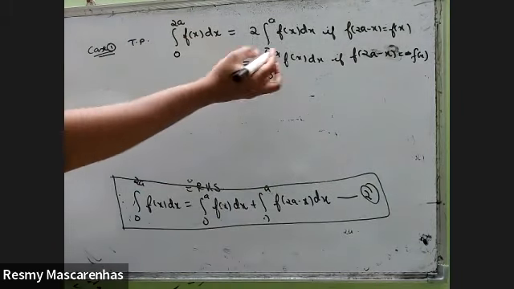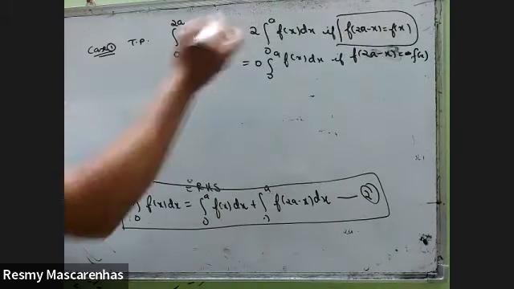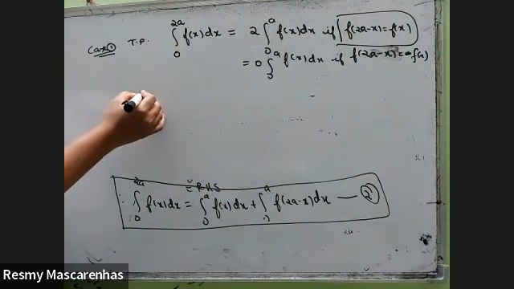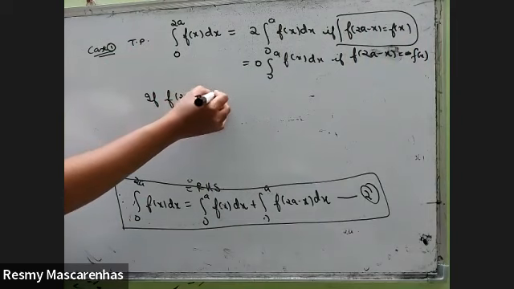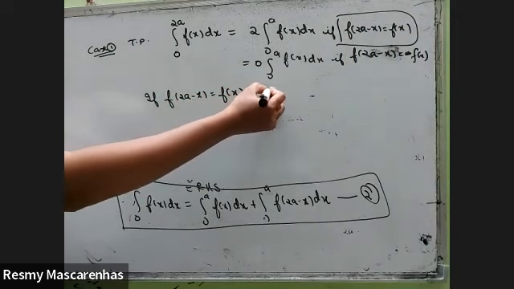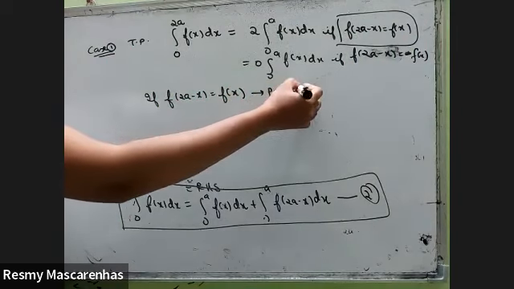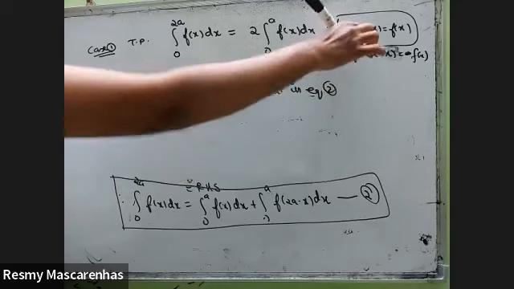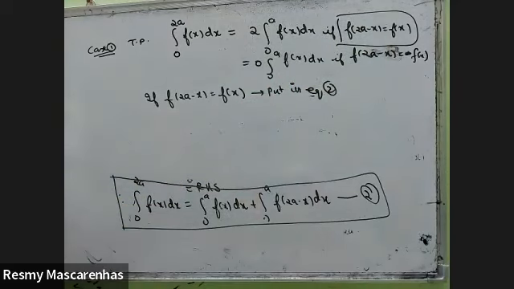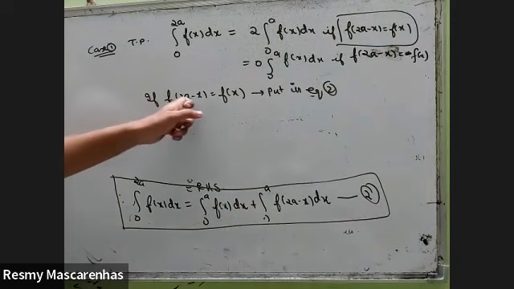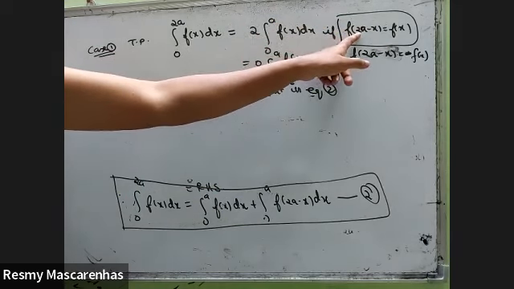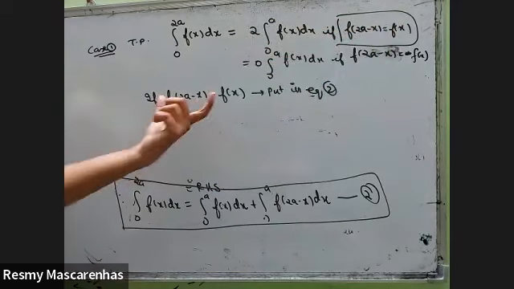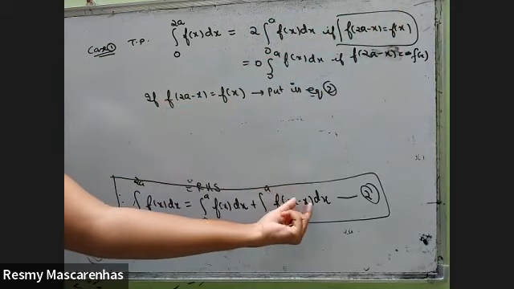So what I'll do is I'll take this first condition. Put this condition in equation 2 and see what you're getting. They've asked to prove this is the answer if f of 2a minus x is equal to f of x. So if this is there, we'll just try to put it here and see.